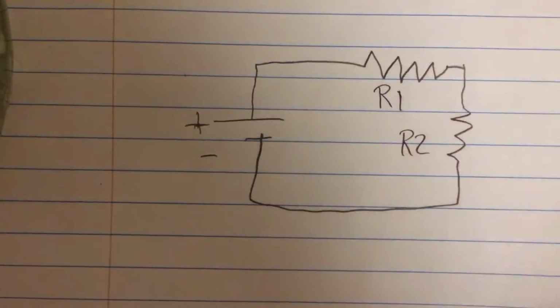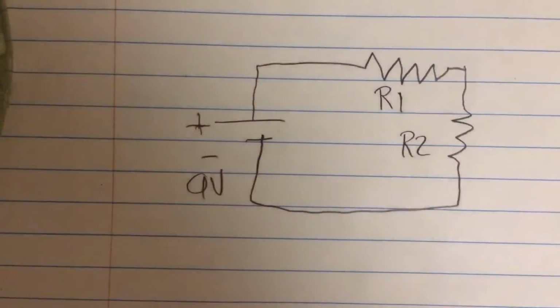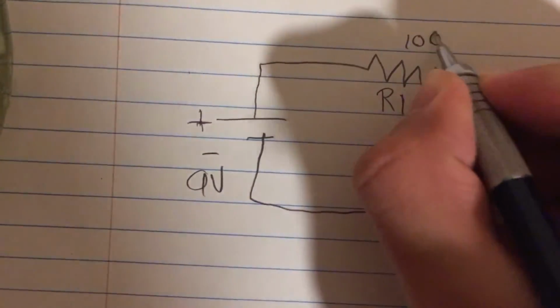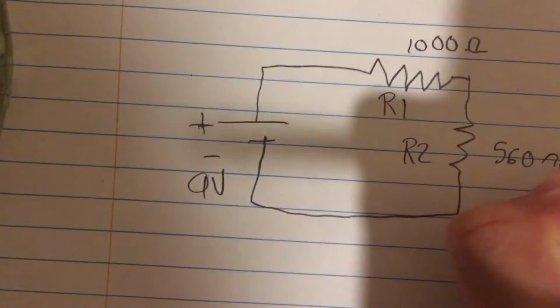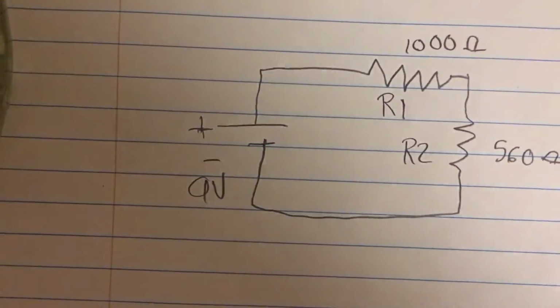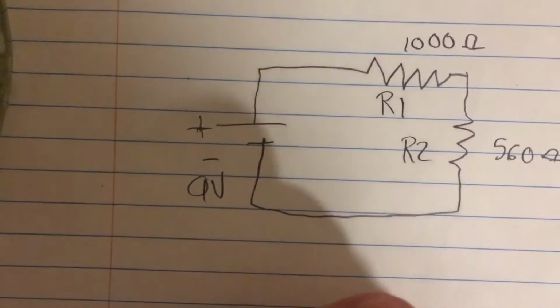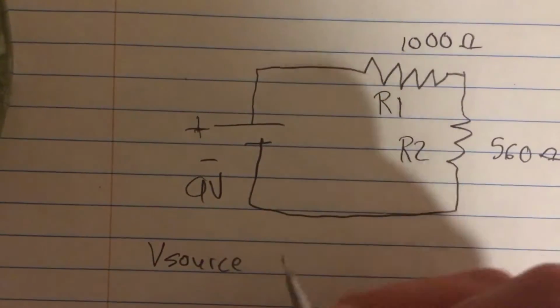An example of this applied would be if we had a 9-volt battery and 2 resistors, and we knew the resistance values. So we could get some data off of this. We know that our voltage source is 9 volts.